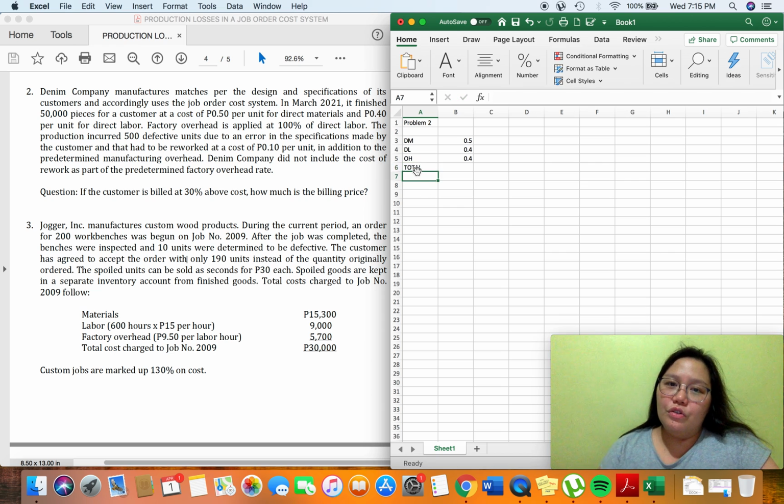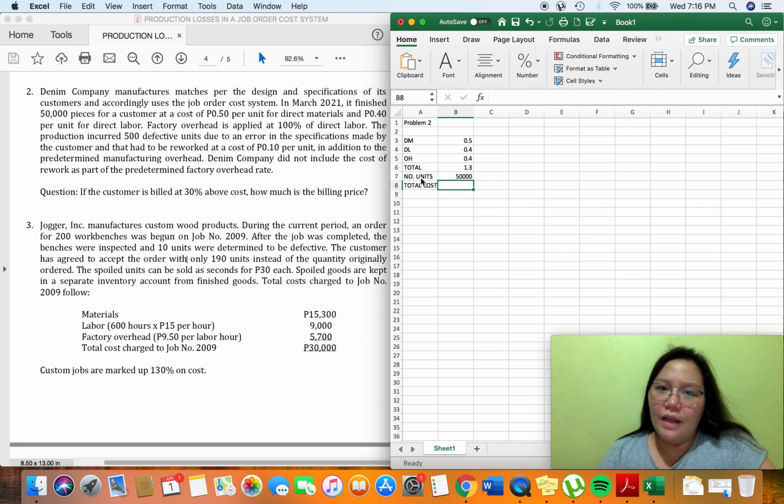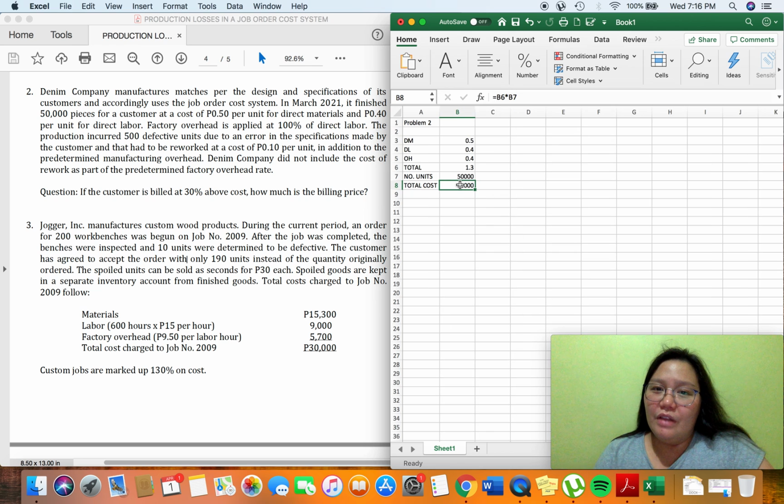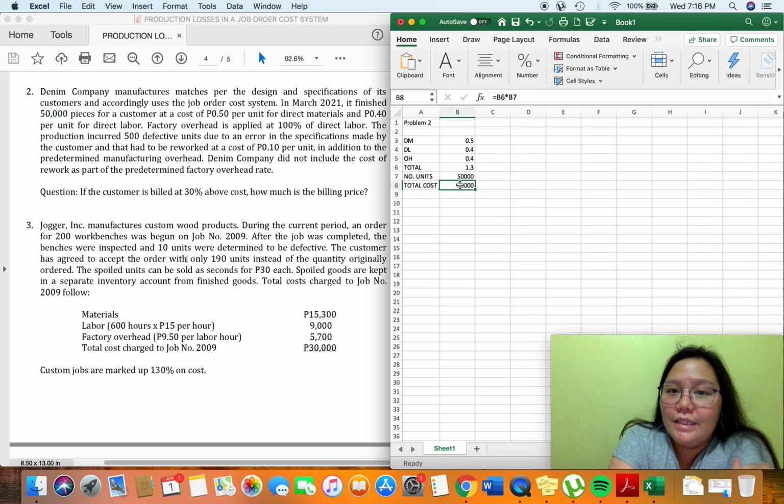So the total cost of each unit is equal to 1.3. And then we have manufactured 50,000 pieces. Therefore, the total cost is 1.3 times 50,000, that is equal to 65,000 pesos. So that is the total cost of the job before the rework.